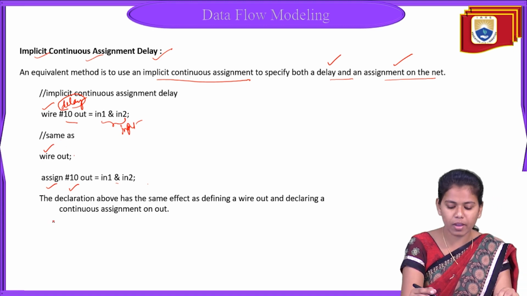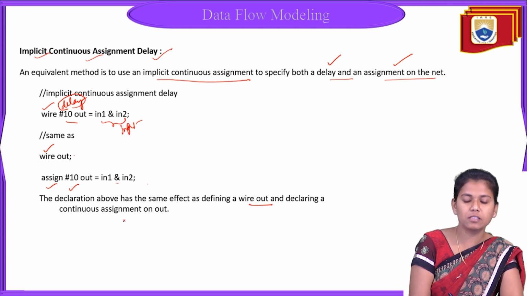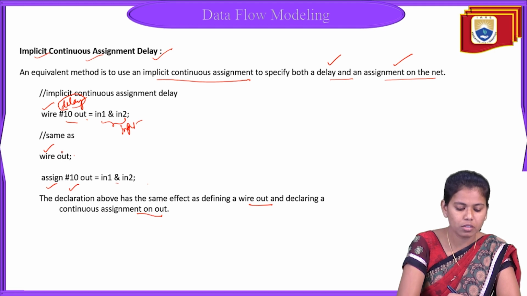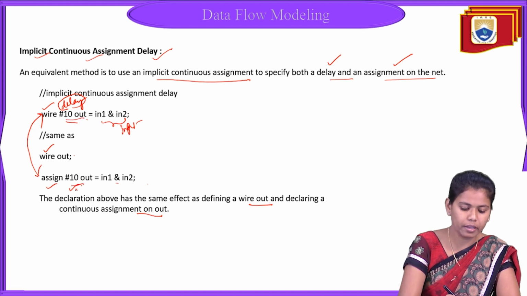The declaration above has the same effect as defining a wire out and declaring a continuous assignment on out. So wire out and assign out are both the same, declared with a delay of 10.